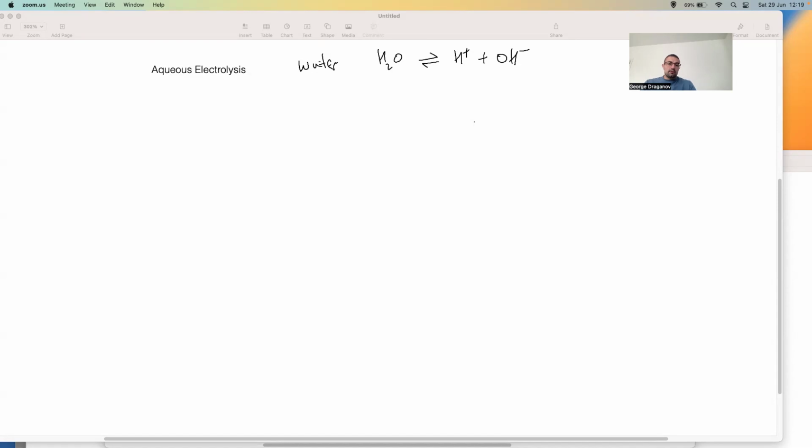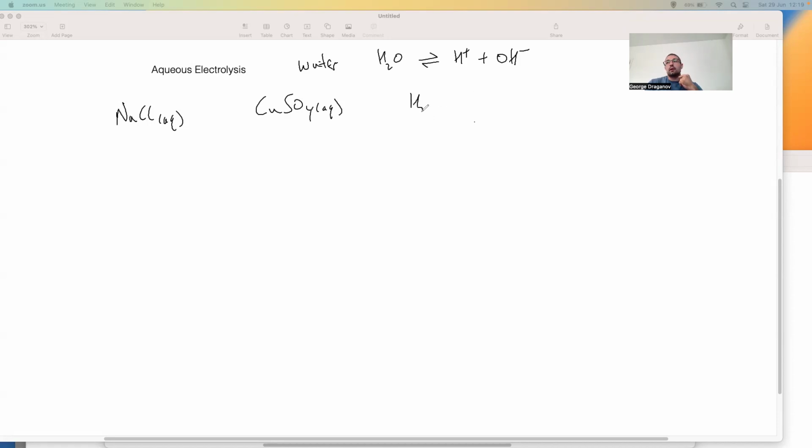So let's go over some examples that have been taken directly from your syllabus. Let's start with sodium chloride because we did that one before when we did the molten electrolysis, and the outcome is actually quite different. So we're going to look at sodium chloride, aqueous. We shall also look at copper sulfate, aqueous.